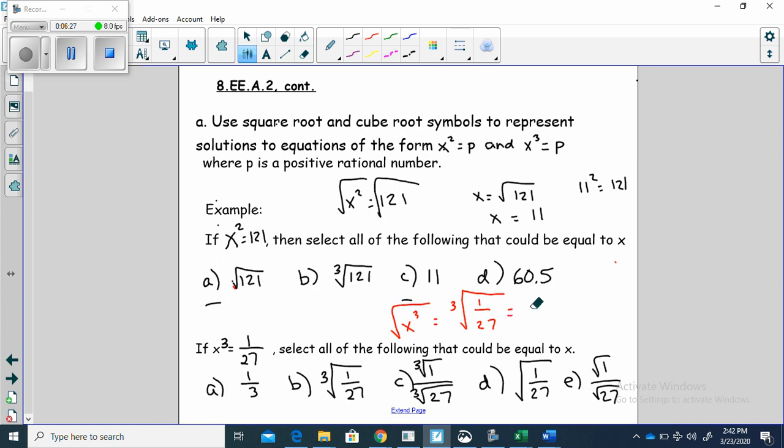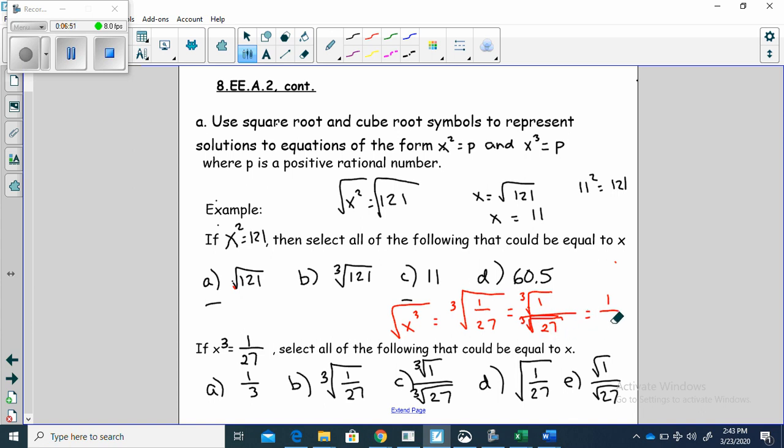What I can do in this case, since it's a fraction, is start by breaking this down. I can say the cubed root of 1 over the cubed root of 27. The cubed root of 1 is 1, because 1 times 1 times 1 is 1.